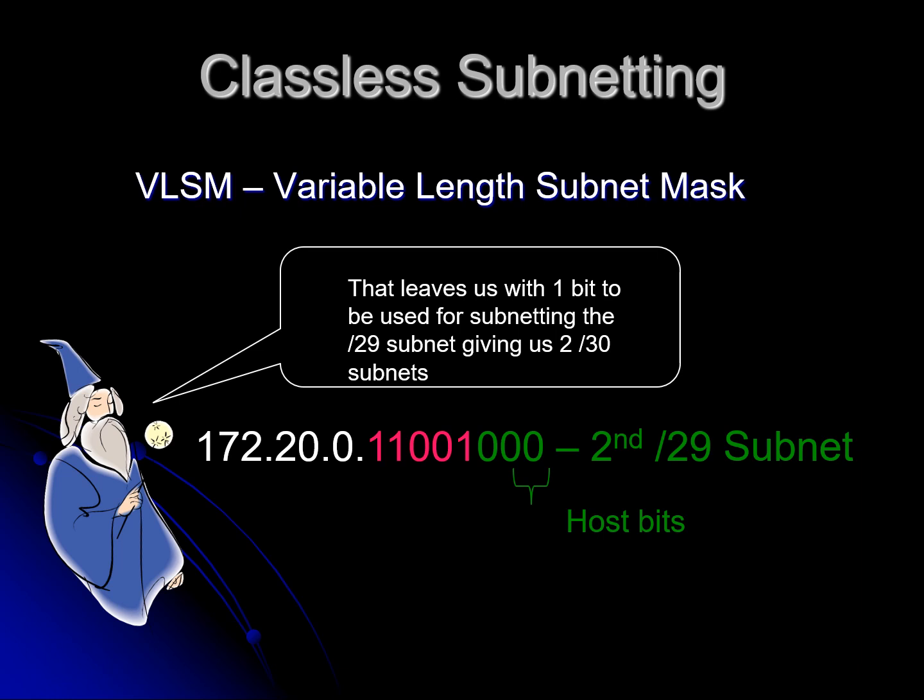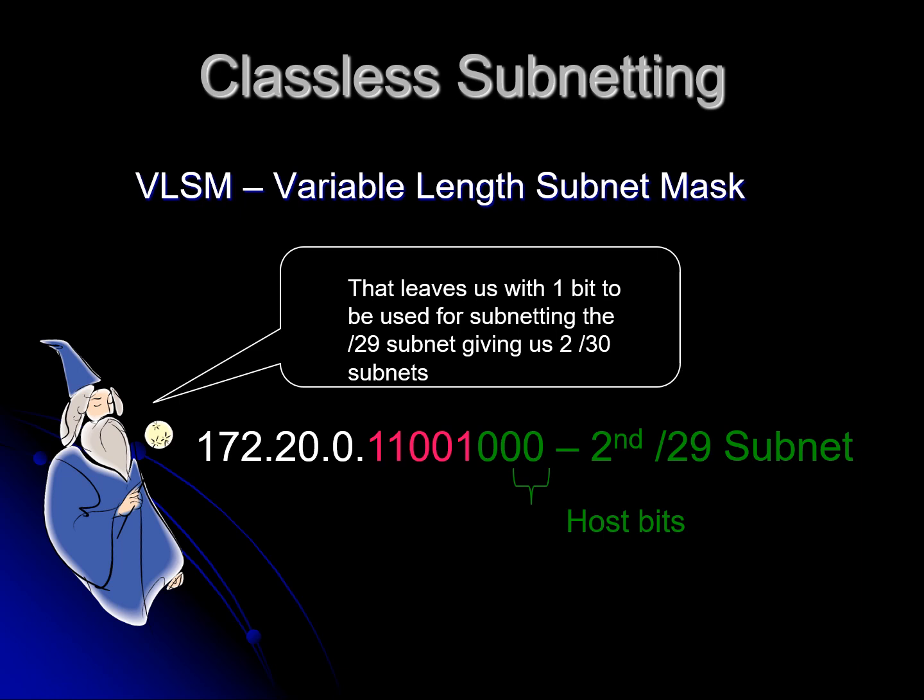2 /30 subnets. We determined we only need 2 of the 3 host bits in the /29 subnet, so you're left with 1. With 1 extra bit added to subnet that /29, you end up with a /30.